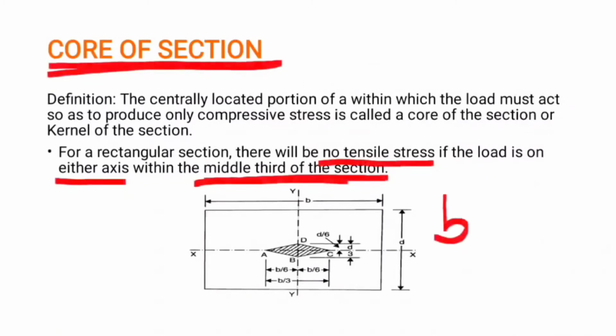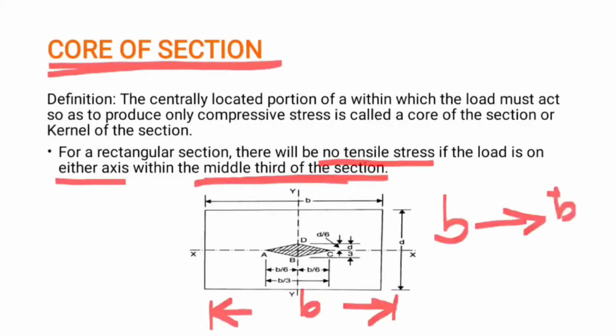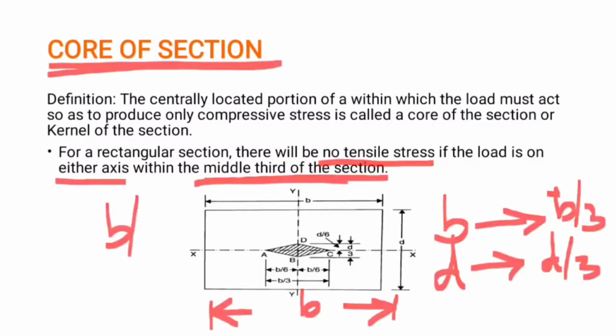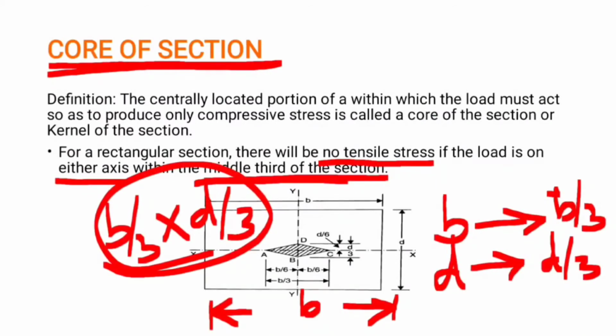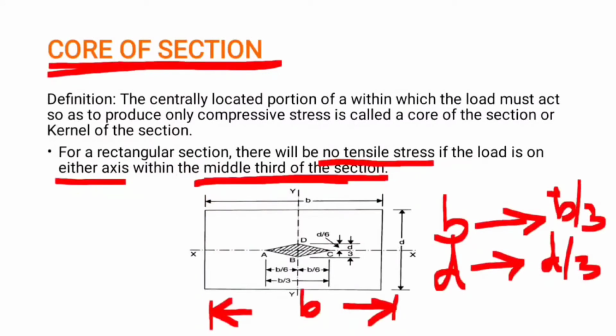That means at the bottom it is B, and at the side it is D. B by 3 in the center, and for the side D by 3 distance only.